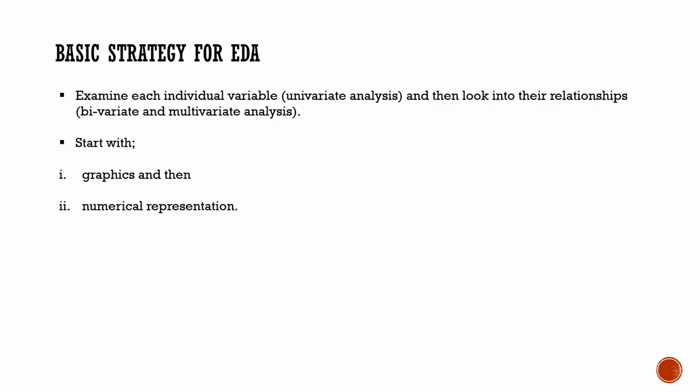This is univariate analysis. When you have done your individual analysis of every variable, you can then move on to analysis of the relationship between the features. This is what we call bivariate and multivariate analysis.